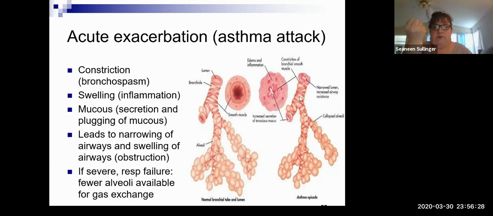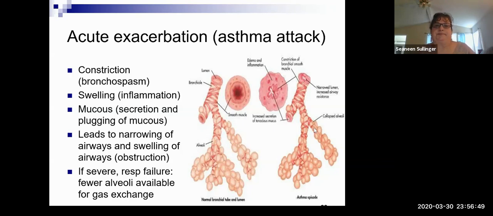So that's constricting it even more. Plus you have the mucus secretions, and then you also start to see here, these are collapsed alveoli, and so you don't have enough surface area to do the gas exchange. So that's what that looks like.